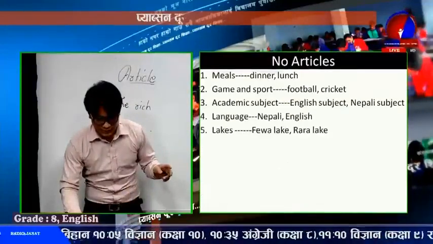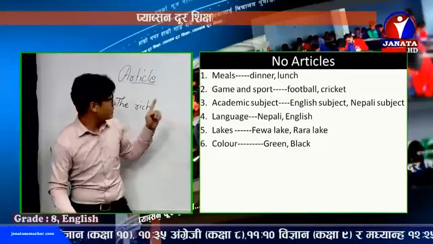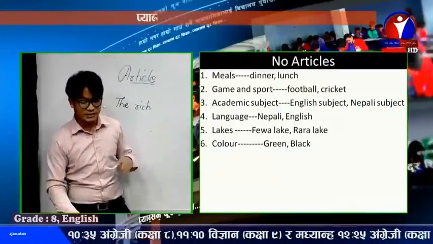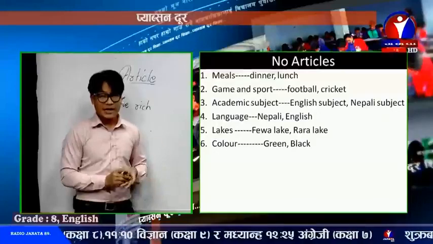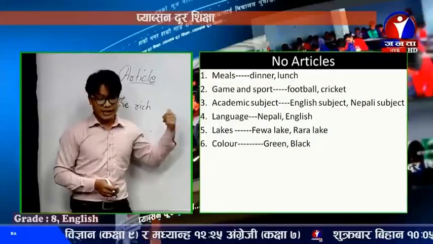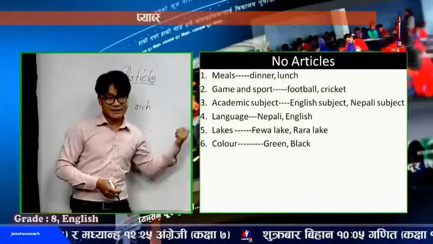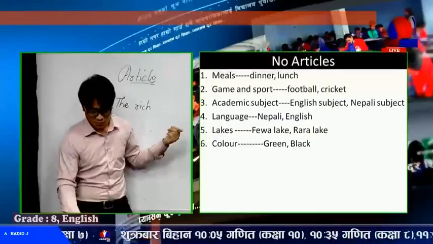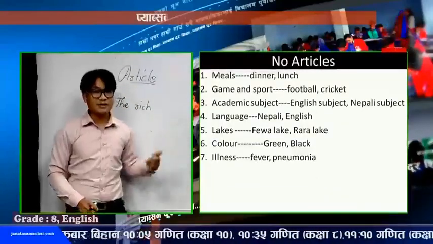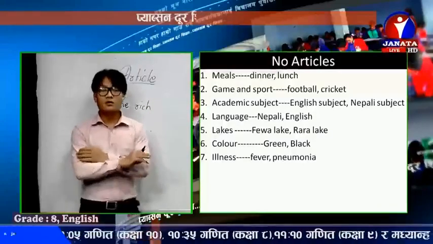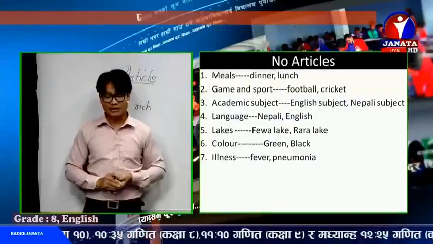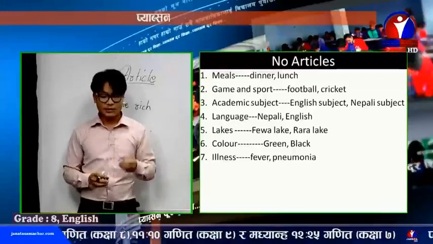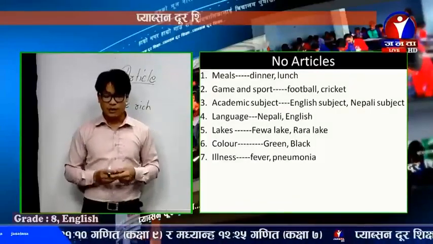So you can see these nouns which do not take an article: meal, game and sport, academic subject, language, legs, color, and illness. These are the nouns which do not take any article. So meal, lunch, football, cricket.